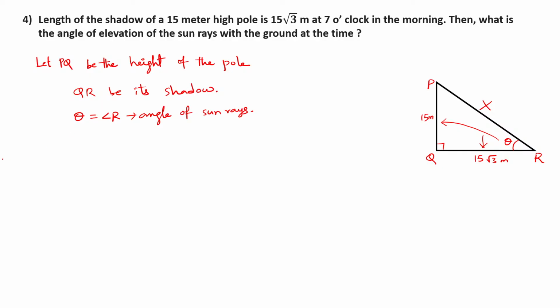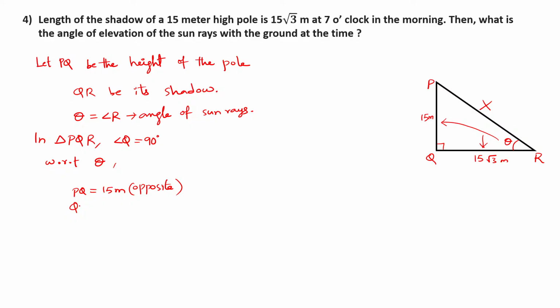Now which triangle is formed? In triangle PQR, we know that angle Q is equal to 90 degrees, hence it became a right angle triangle. With respect to our acute angle, PQ is equal to 15 meters and it became the opposite side.